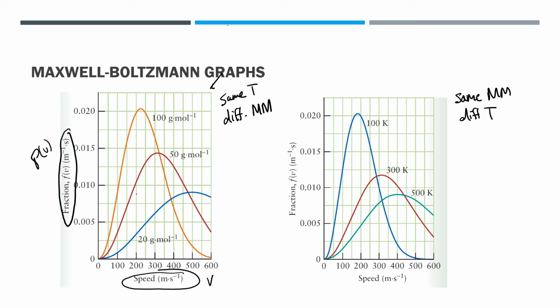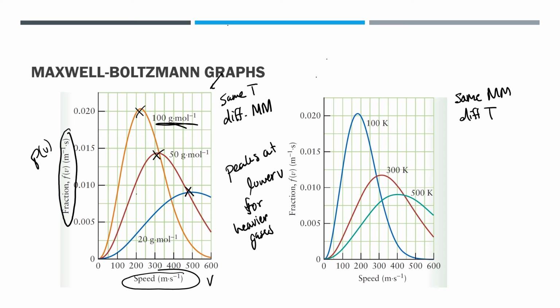So what is something to observe? The peaks of these graphs. If I look at the peaks of these graphs, the heavier gases at the same temperature have the peaks at lower velocities, right? That makes sense, right? So peaks at lower V for heavier gases.